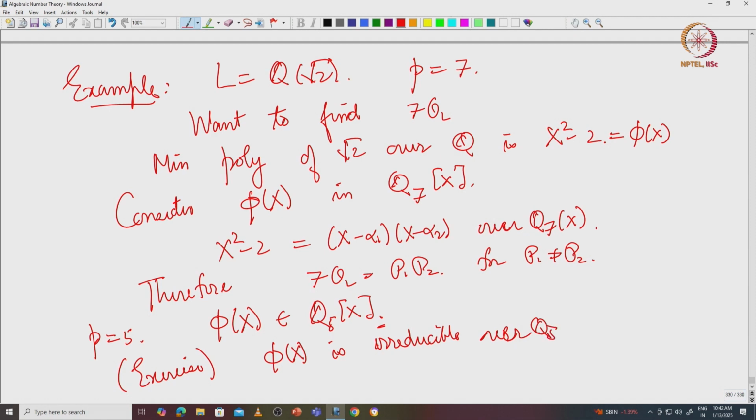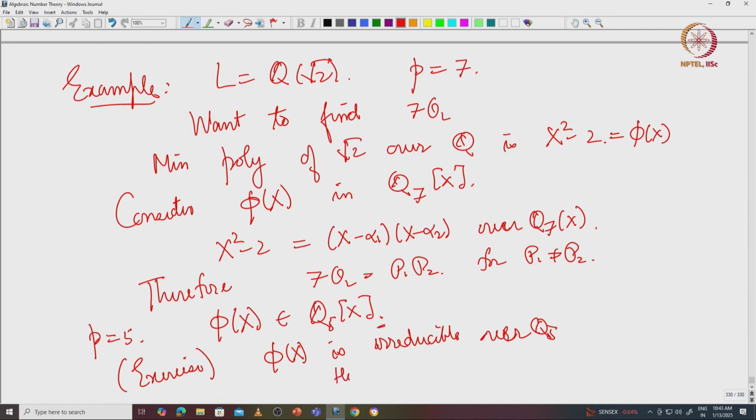What does that mean? This is a degree 2 polynomial, so being irreducible is the same as not having a root. You want to show that x squared minus 2 equal to 0 does not have a root in Q_5, and you can show that by showing that if it has a root then it will be in Z_5, which means that there will be a root in F_5. And we know that there is no root to x squared minus 2 congruent to 0 mod 5.